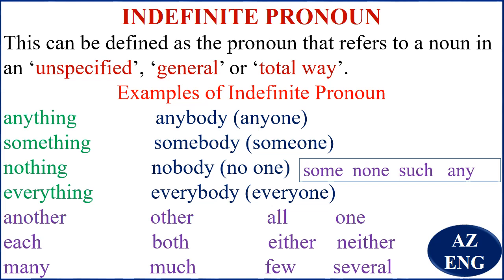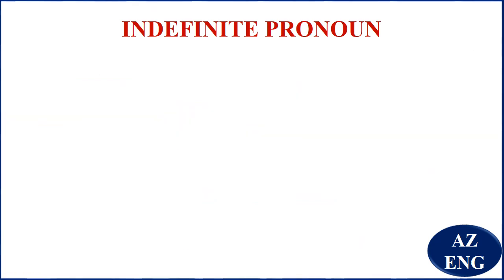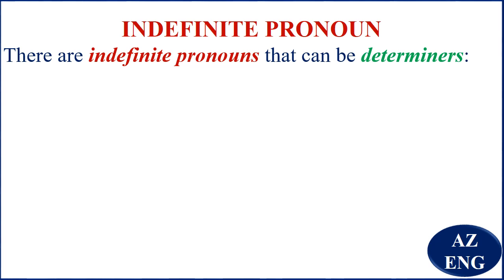But if you use them like this, we say they are determiners. Now, what does this mean? Or how do we differentiate between that and this? Let's have examples on that. So as you can see, there are indefinite pronouns that can be determiners.